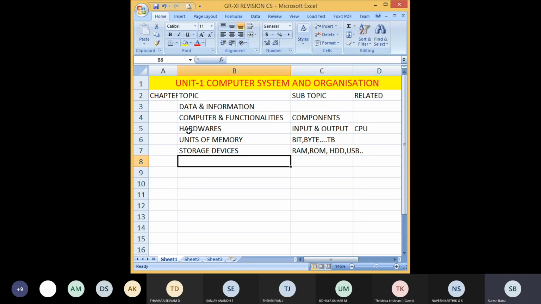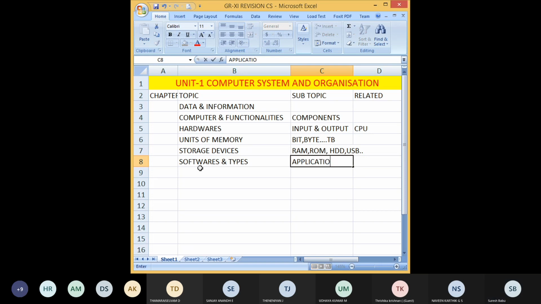Like hardware, you should also know about the software of the computer. What is software? The definition and its types. For types, you should know about application software, system software, then utility software.